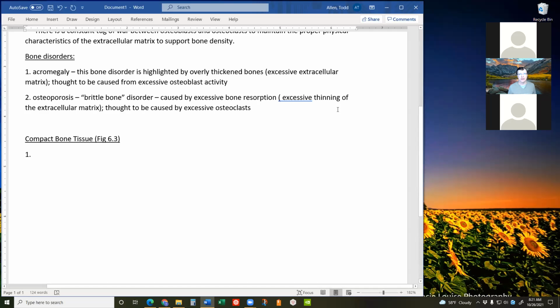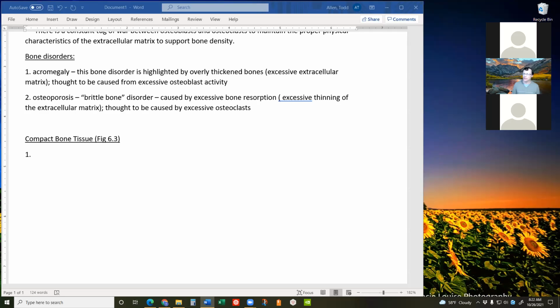All right, so let me ask a question in the chat window. Which type of bone tissue, compact or spongy, is more internal in the bone?